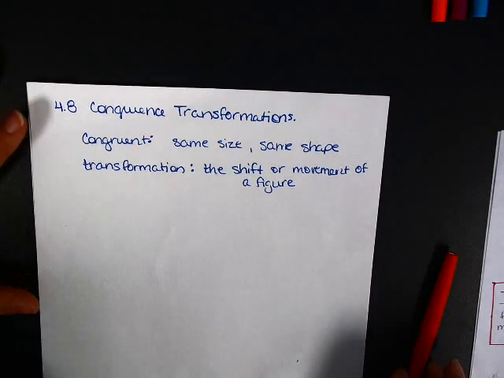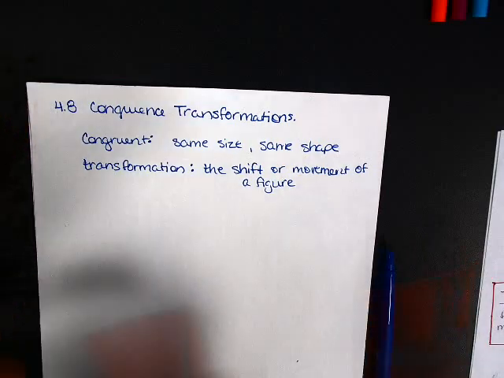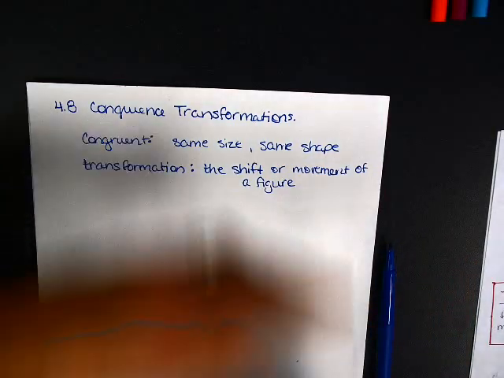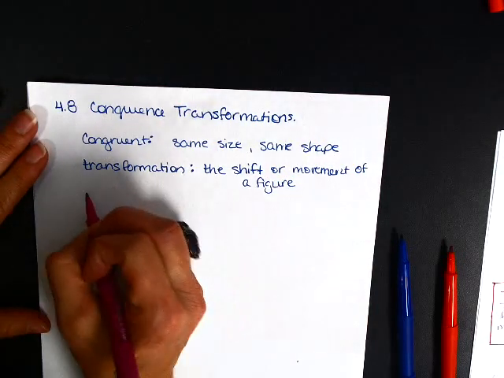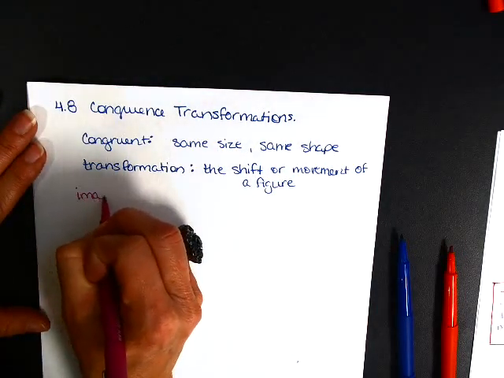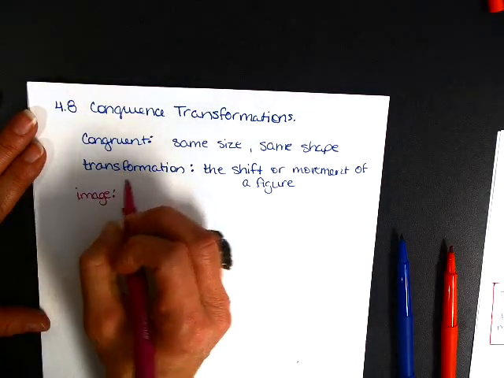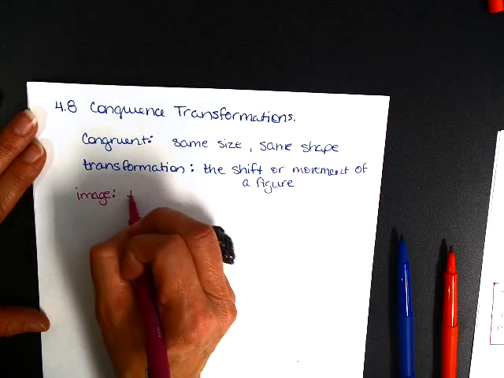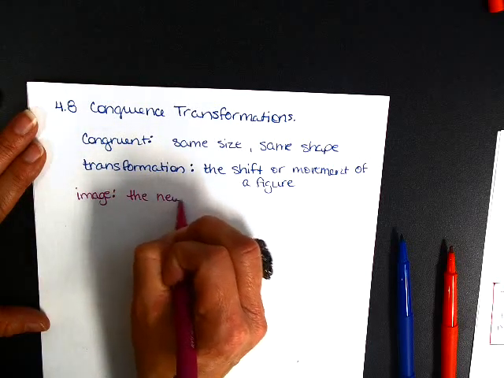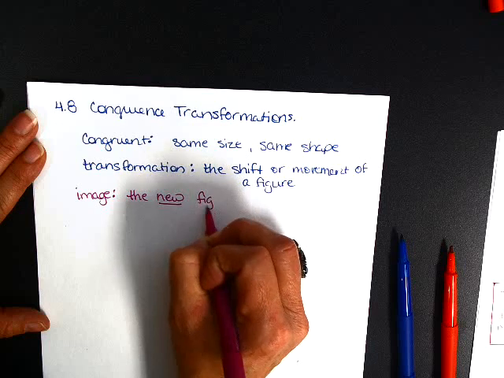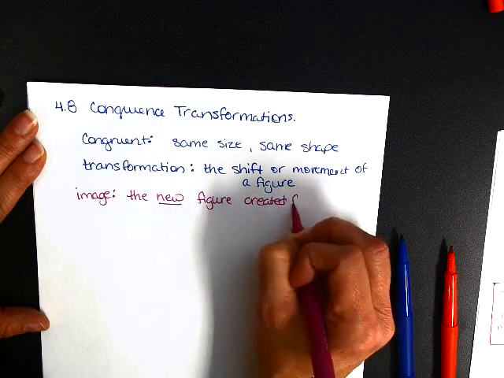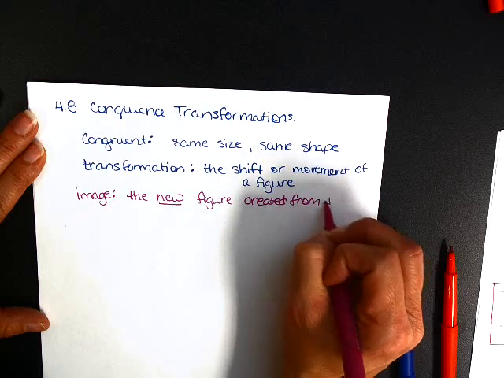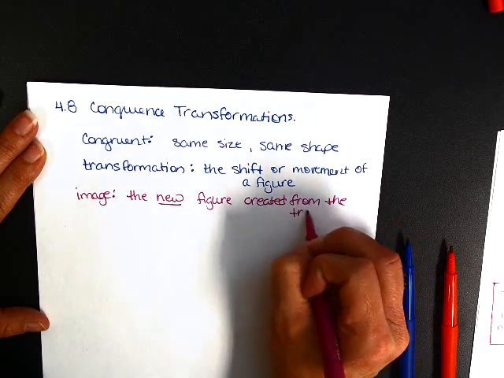All right, now then, you're going to be seeing some things referred to as an image and a pre-image. If you see the word image, this is going to be the new figure created from the transformation.